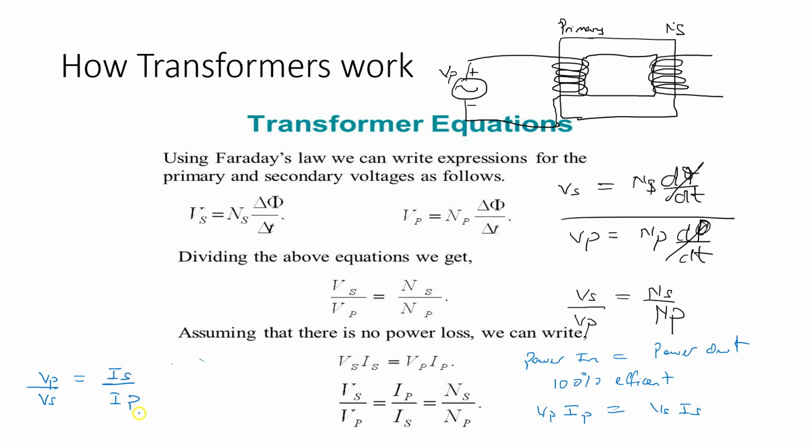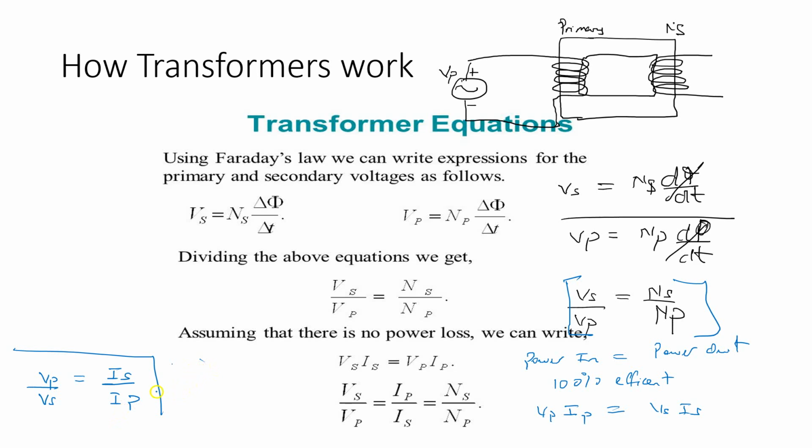So that's another equation right here. So there are two equations now. There is this one that links the voltage and the number of turns, and also one that links the current. But we could also come up with another one.